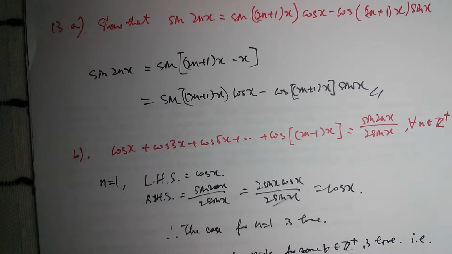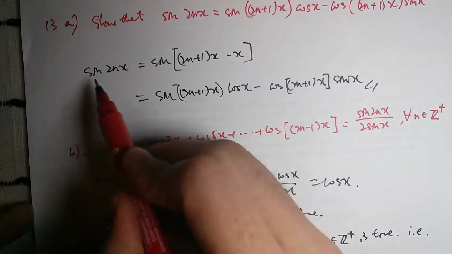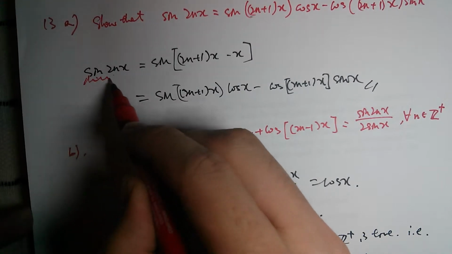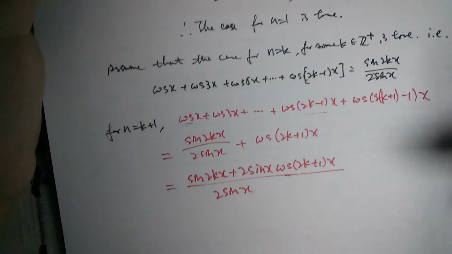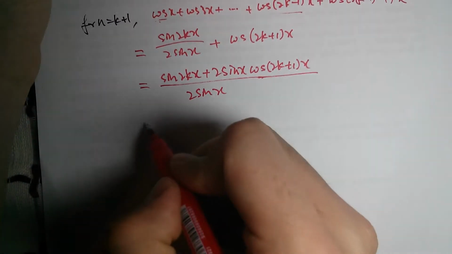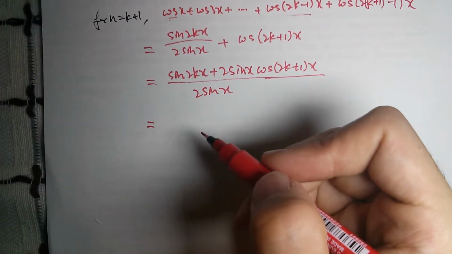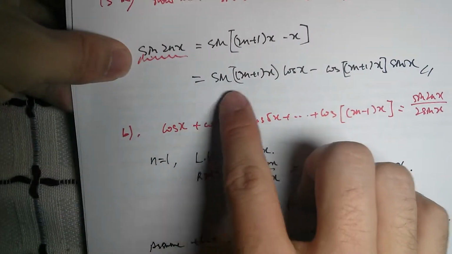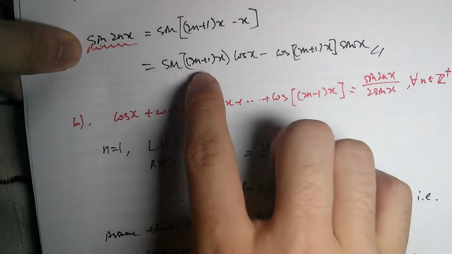In part A, we tried to get the formula for sine 2nx. And it seems that in our expression we have a sine 2kx. So that looks like a good way to use the first part. So I would copy this while changing n to k.